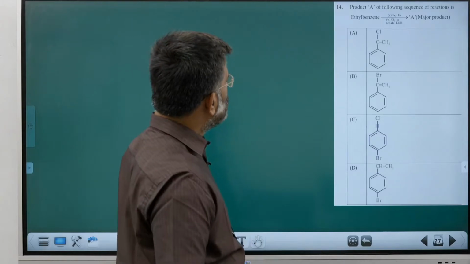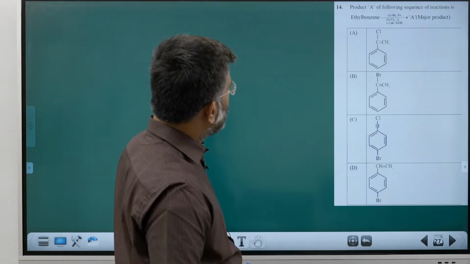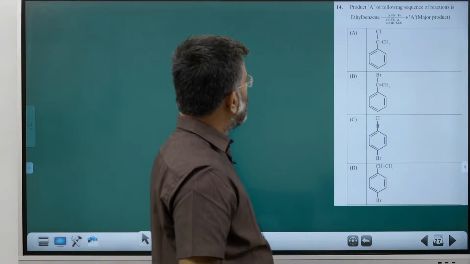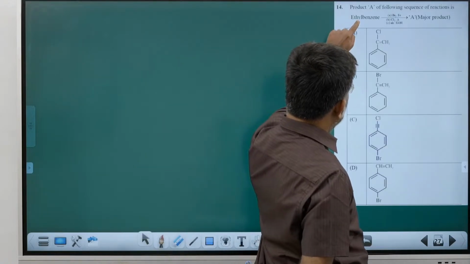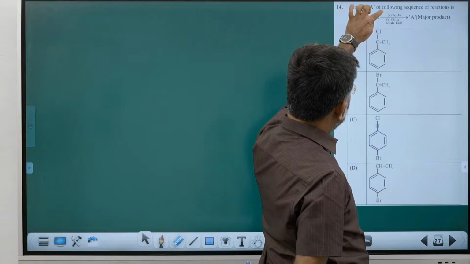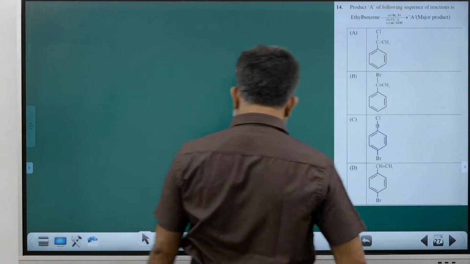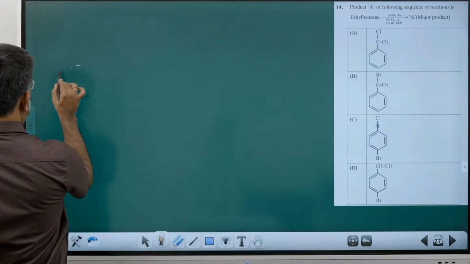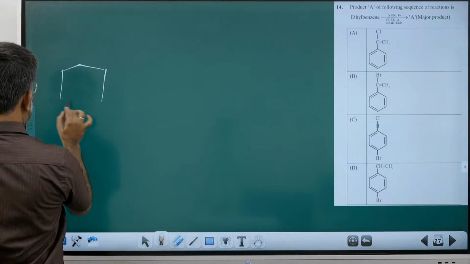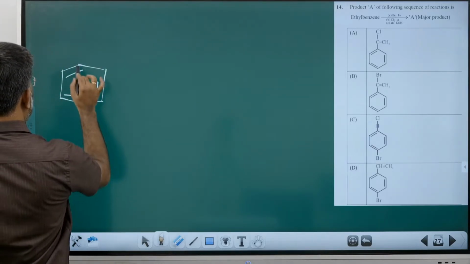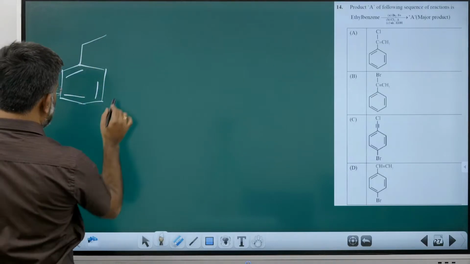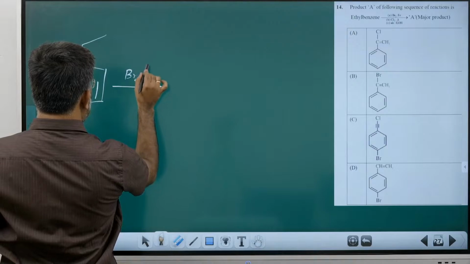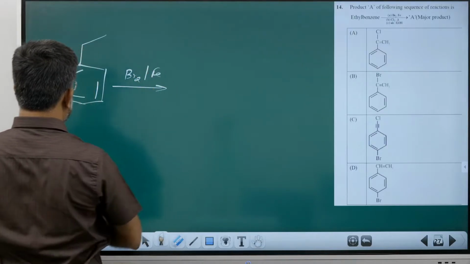So 14th question. Product A of the following sequence of reactions. What is the sequence given? Ethyl benzene first reacts with bromine and a Lewis acid catalyst.